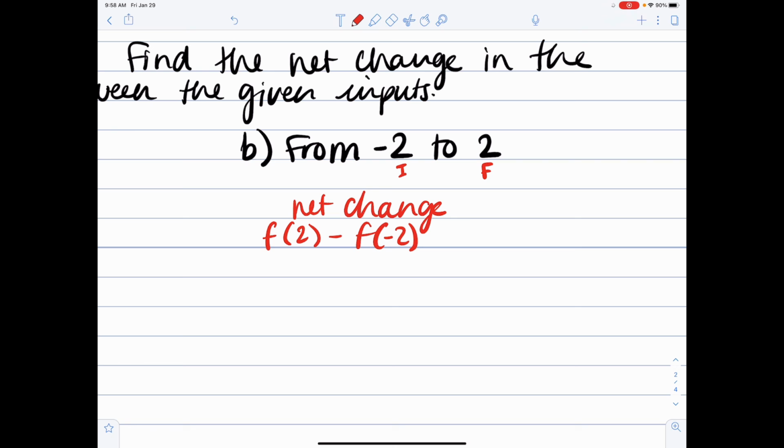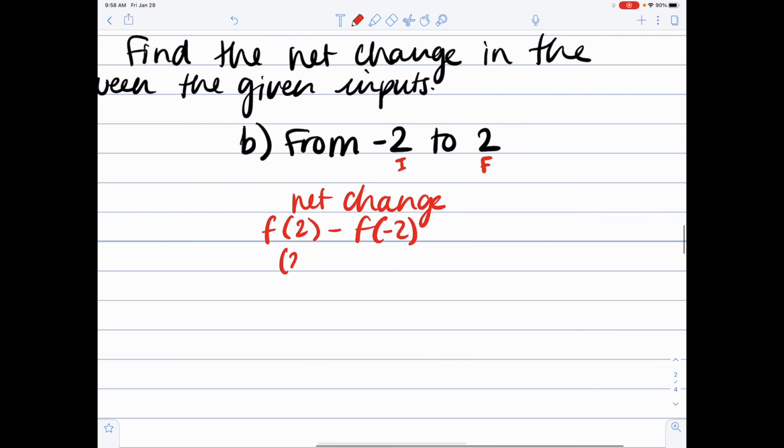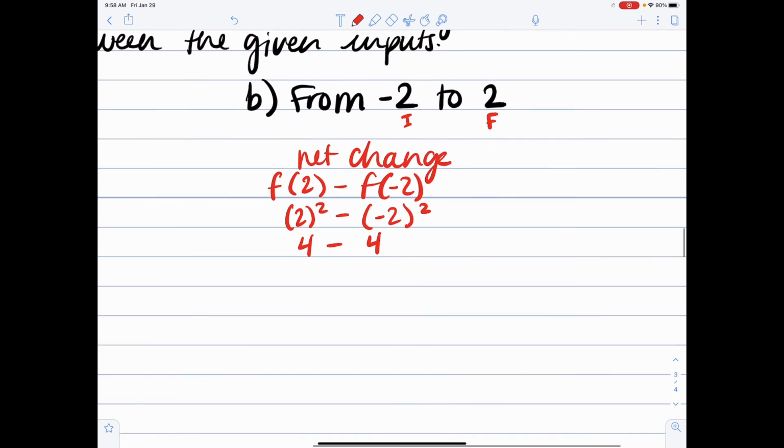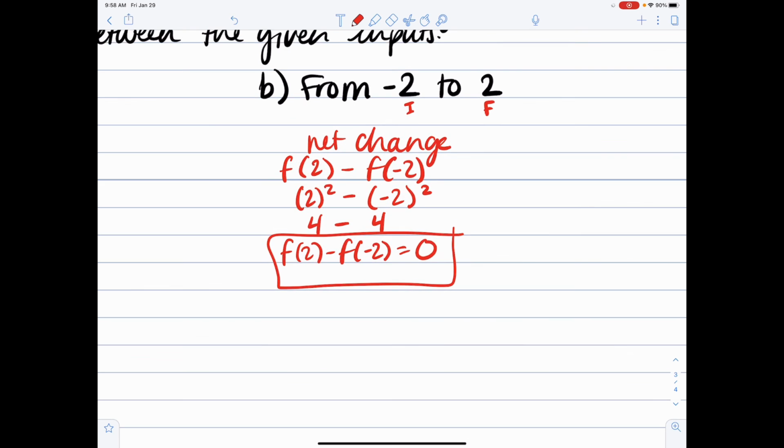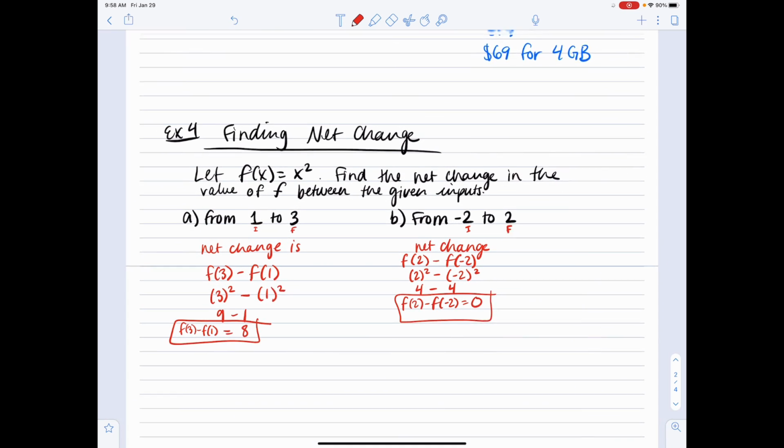And remember, f of x is just x squared, so we're just going to square 2 minus -2 squared. 2 squared is 4, and then -2 squared is also positive 4. So our actual net change here is 0. And that's it for today.